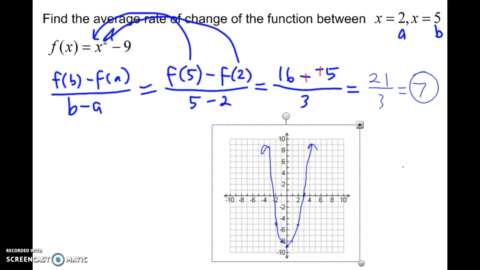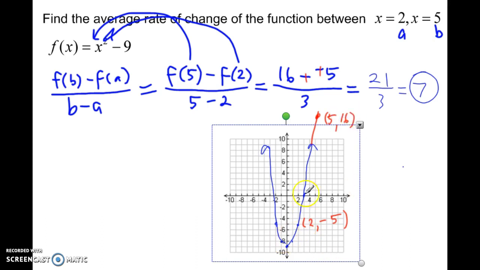If I were to try and plot these points, when x is 2, that would be a y value of negative 5 there. And it's going to be hard to see, but when x is 5, it's going to be way up here, a point way up here at (5, 16).